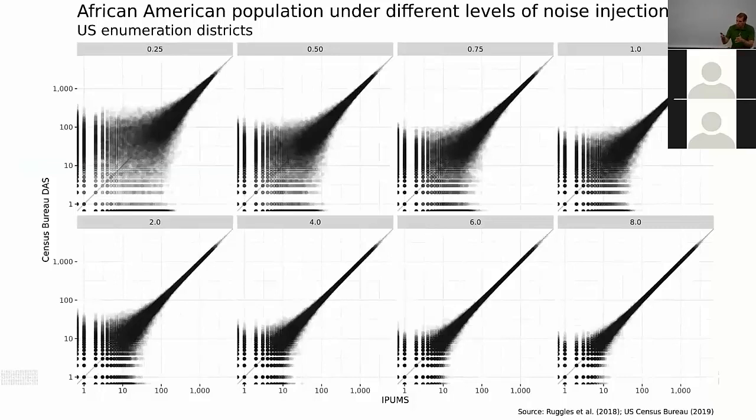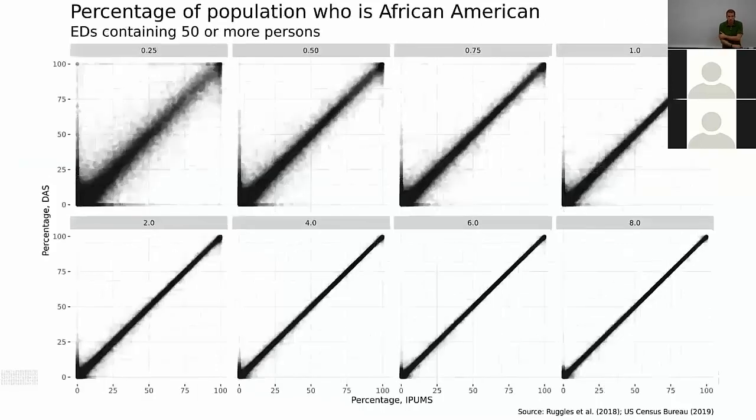So again, as we subdivide the population down into either geographic units or by subpopulation group, that noise infusion is introducing more inaccuracy into the counts, and potentially really compromising these data for research purposes.